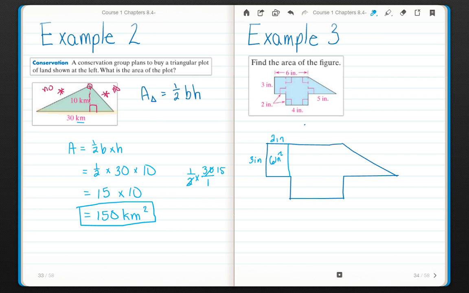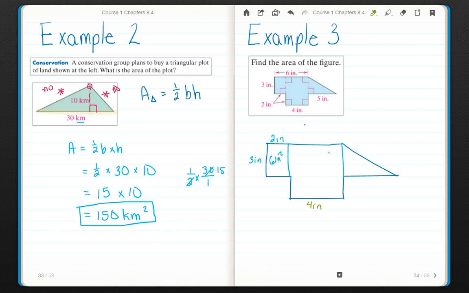So I found this rectangle. Now I see I have another rectangle here. So I have this large rectangle, and then I have a triangle over here. I'm going to start with my rectangle here. I see this bottom piece here is 4 inches. Now I need to figure out the height. What is this distance? I see here, this is 2 inches. This whole piece is 3 inches.